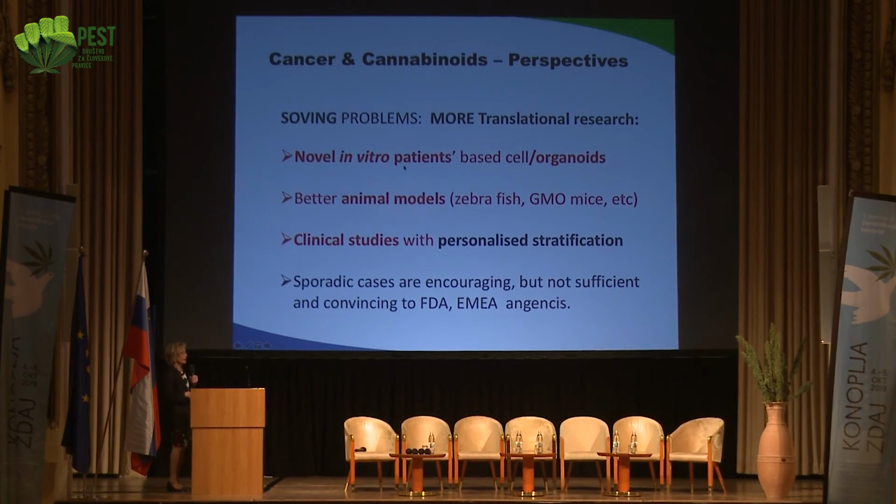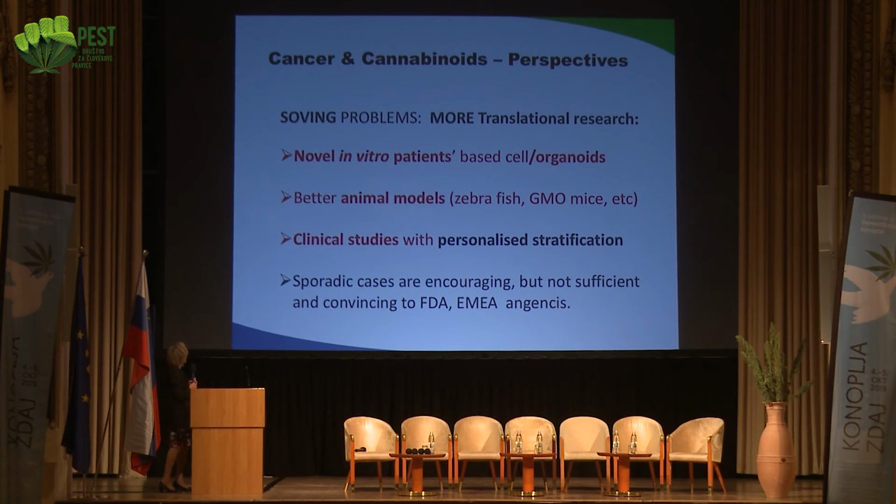And of course, maybe we can really test the cannabinoids in better in vitro models, like in organoids, perhaps. So we are already using three-dimensional structures to test, because these are more similar than the two-dimensional monolayers of cells that people are used to using for drug testing. So drug testing is not only a problem for cannabinoids, but a general problem in the pharmaceutical industry.